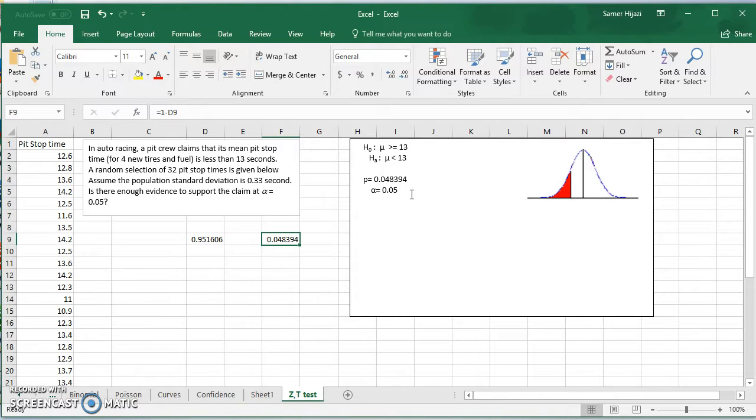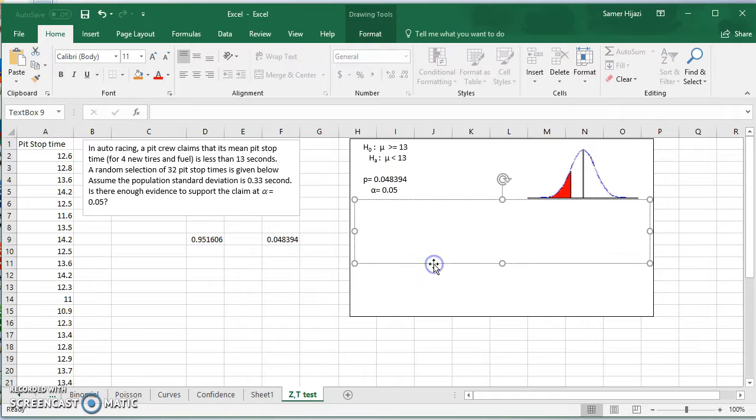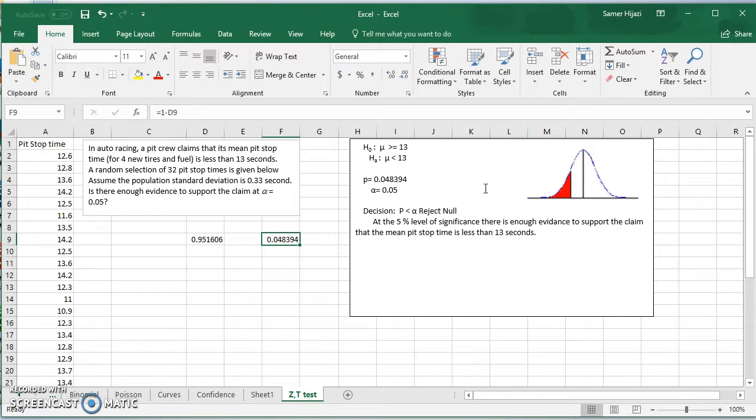The p-value is 0.04, alpha is 0.05. The p-value is less than alpha, so we reject the null hypothesis in favor of the alternative. At the 5% level of significance, there is enough evidence to support the claim that the mean pit stop time is less than 13 seconds.